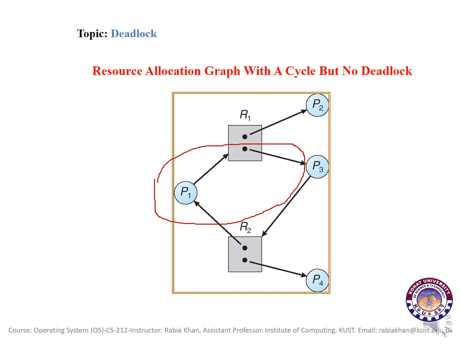After utilizing, P2 will release resource R1, which will be assigned to process P1, and the circle will break. Similarly, P4 will utilize resource R2 and release, which will then be assigned to process P3, and the circle will break.